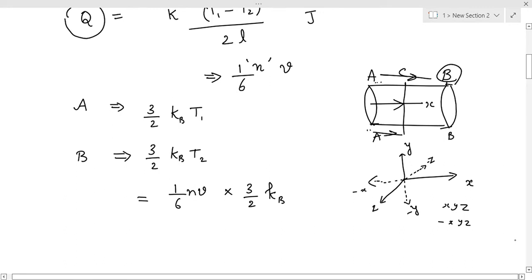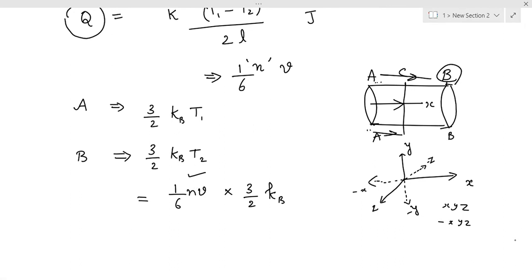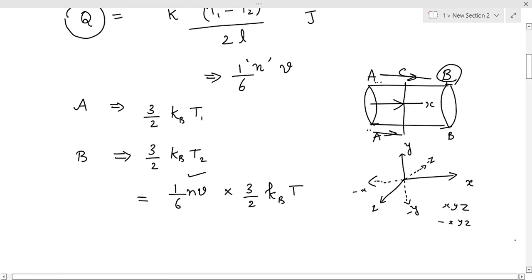One is the number of electrons taking part in the movement, plus the average kinetic energy possessed by it. So at end A, 1 by 6 nv into 3 by 2 kB T1.